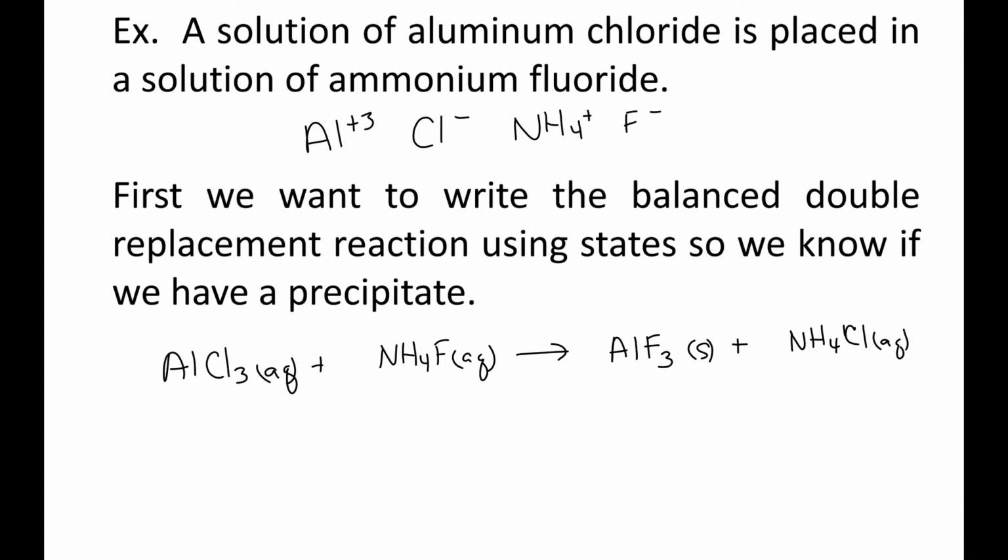Okay? So, yes, there is a precipitate, but let's first balance this, because we're going to need the balanced equation in order to do the complete ionic. So we have 3 here, 3 here, and we should be balanced. Cool. Now let's go on to the next step.